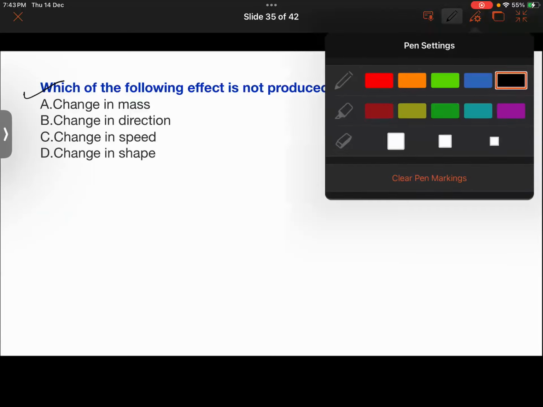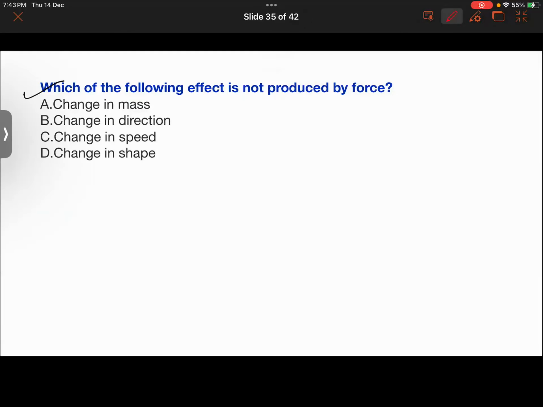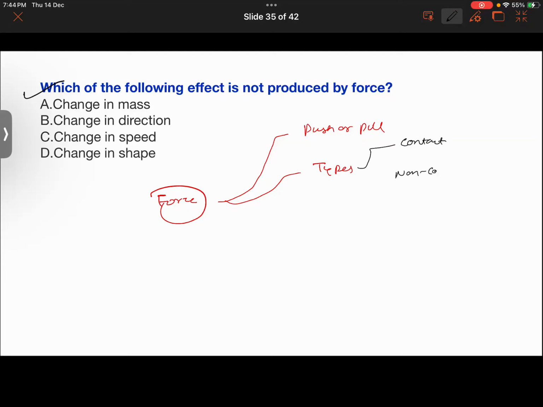So force, whatever we have discussed till now, we discussed different things about force, right? It is basically push or pull. We talked about the types of force: contact and non-contact forces. In contact forces, what were the different types we discussed?